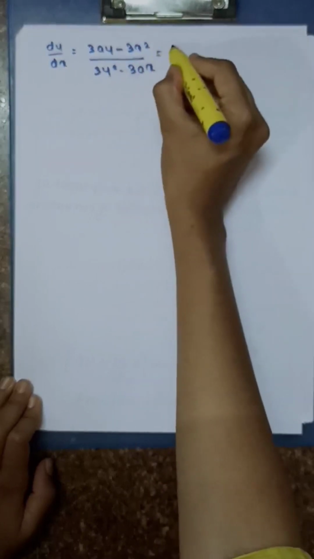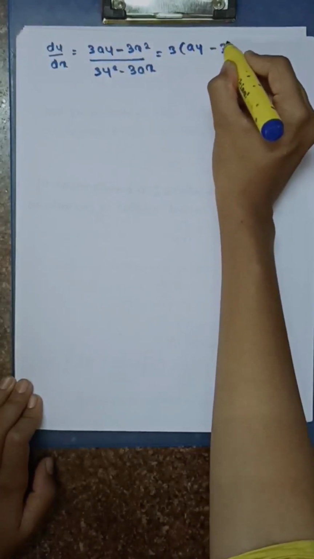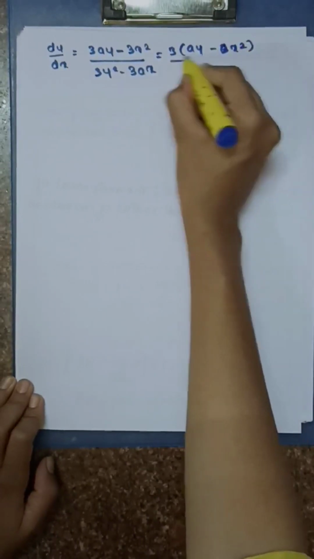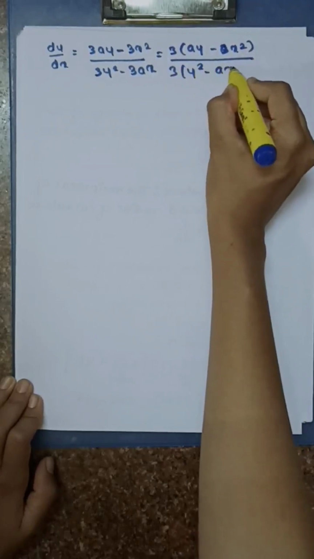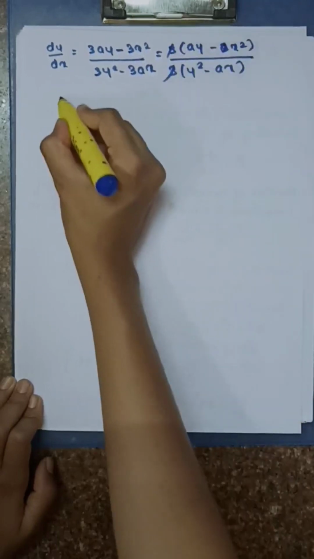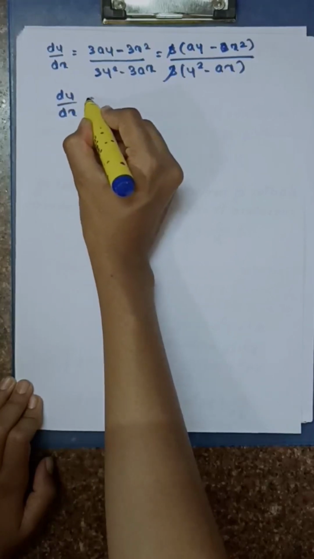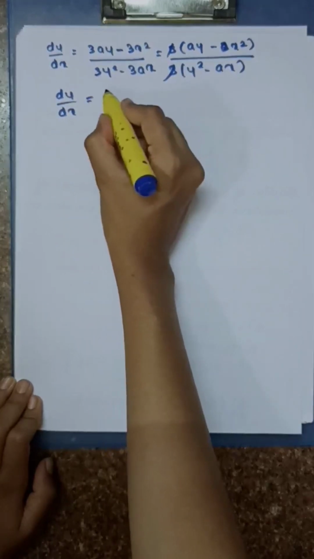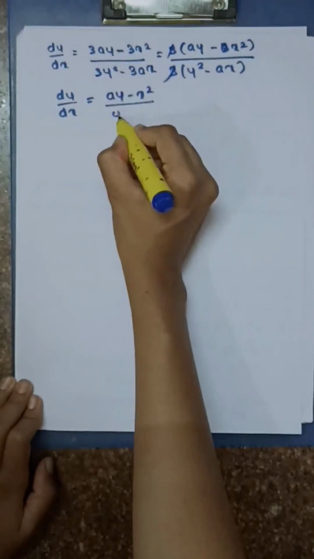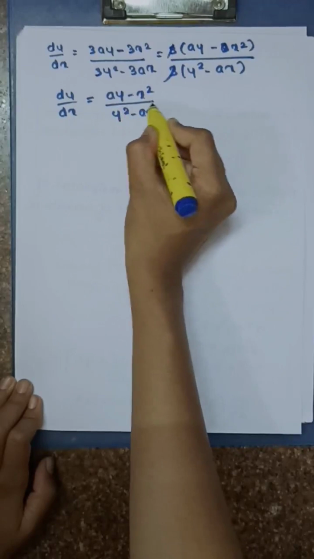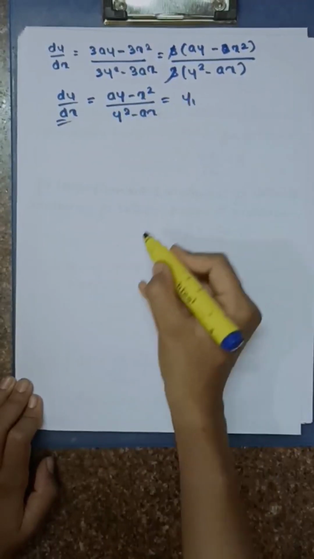Here we take 3 common from both, so the 3 gets cancelled. dy by dx is equal to (ay minus x square) divided by (y square minus ax). We call dy by dx as y1 also.